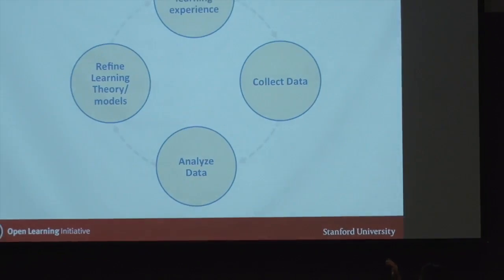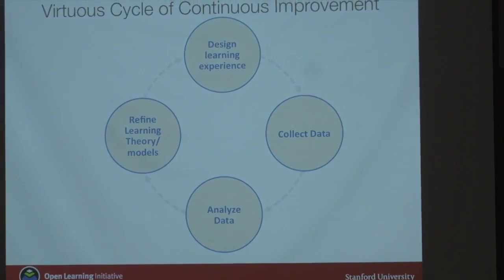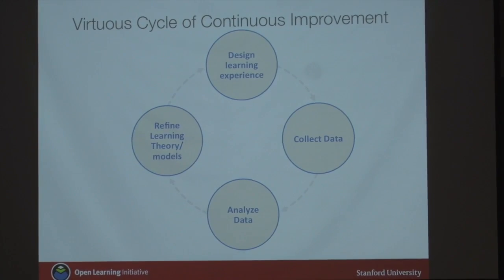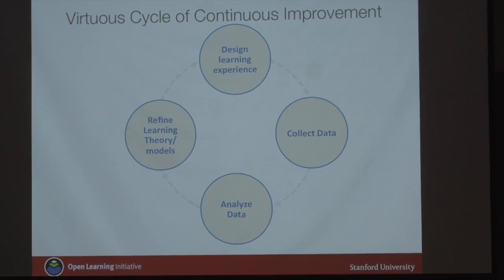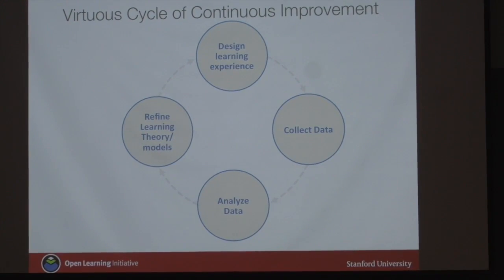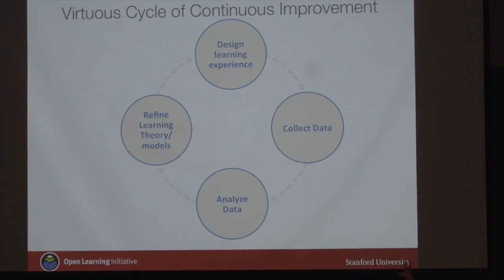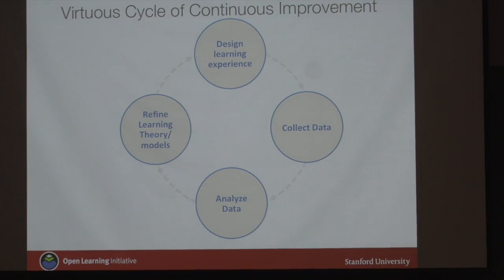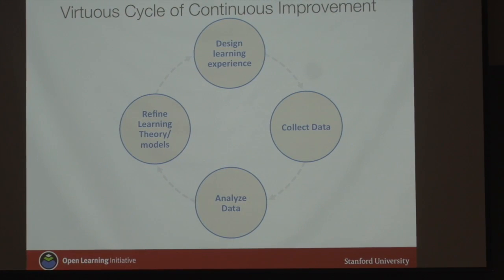And that brings me to the big question: how is higher education going to be transformed by technology? It enables this virtuous cycle of continuous improvement at all levels in the learning system. So we can start any place. We can start with our theories or our existing models of learning.